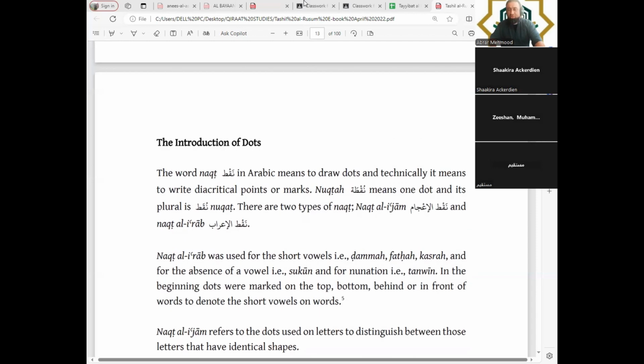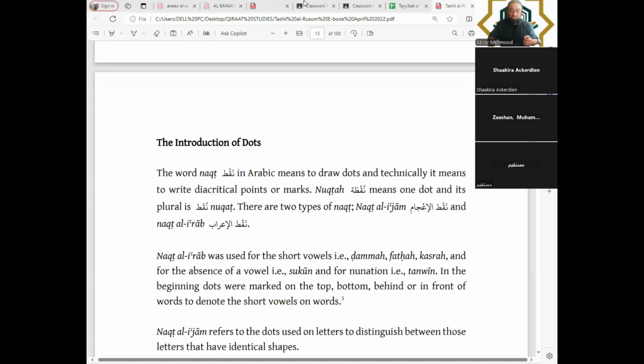Today we're going to dive more into the meatier bit of the topic, where it will introduce those parts to us, inshallah, that will help us familiarize ourselves more with topics such as the dots and the vowels and the people behind them.